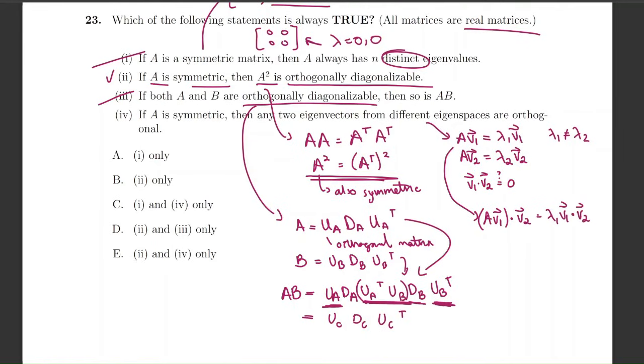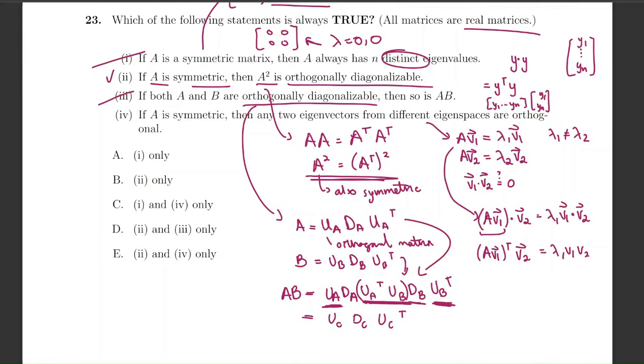The trick with the dot product, right, is that if we have, for example, y dot y, where y is this matrix here, then we can write y dot y as y transpose times y, where y transpose is this matrix here, and then y is this, right? So this is just how we write dot products in multiplication form. So because of that, we can actually write this side as (A v1) transpose times v2 equals lambda 1 v1 dot v2.